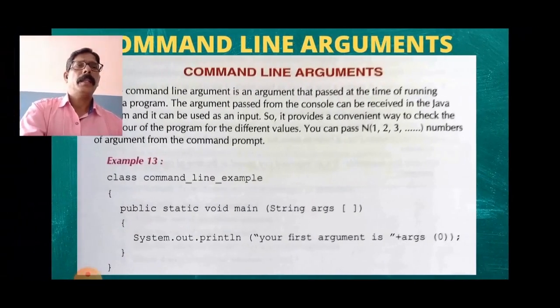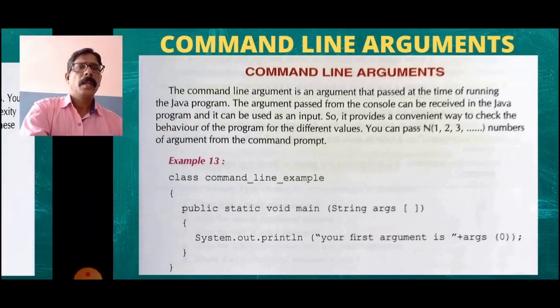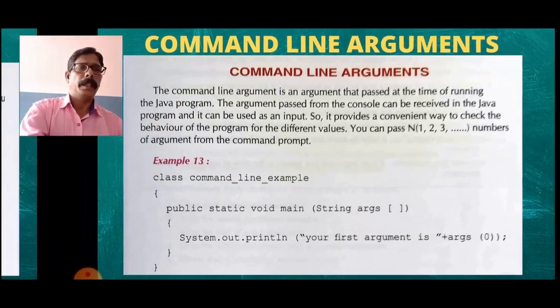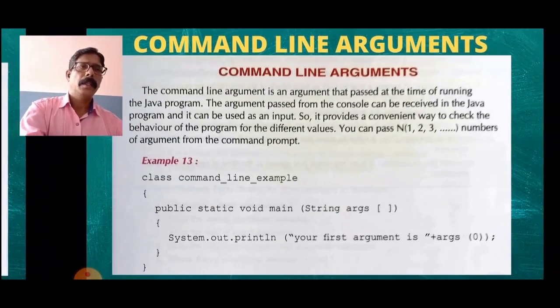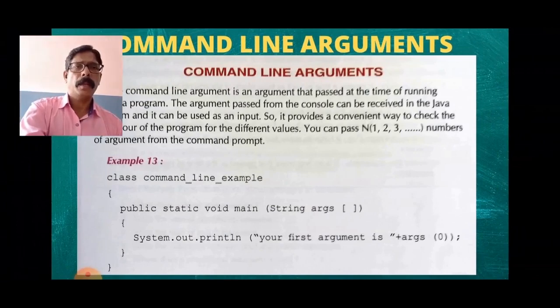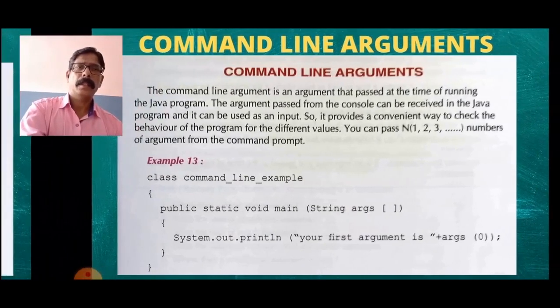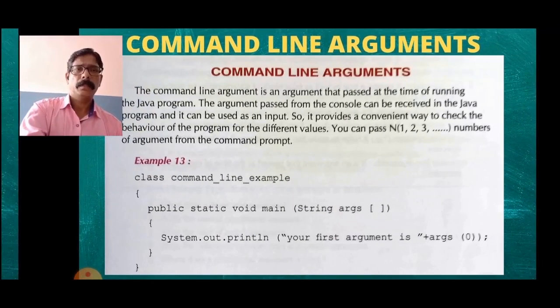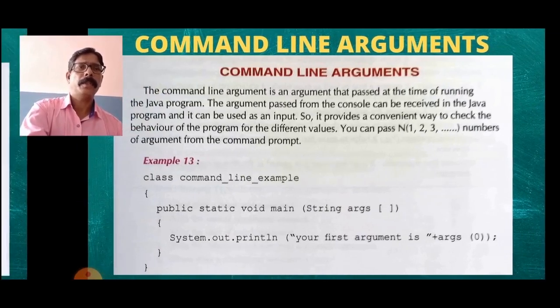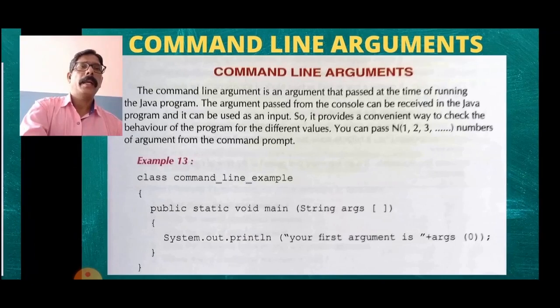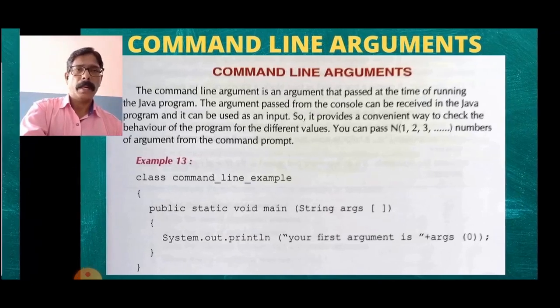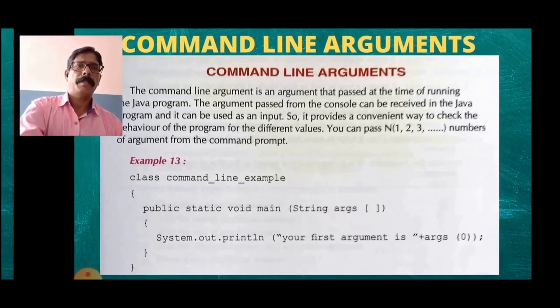The next one is command line arguments. What is command line arguments? A command line argument is an argument that is passed at the time of running the Java program.